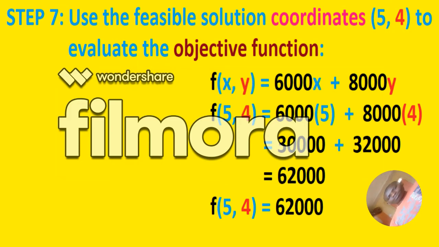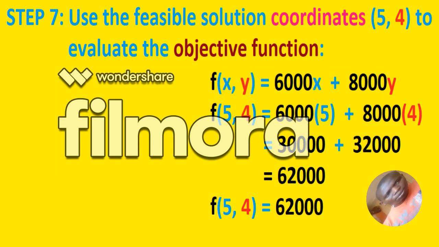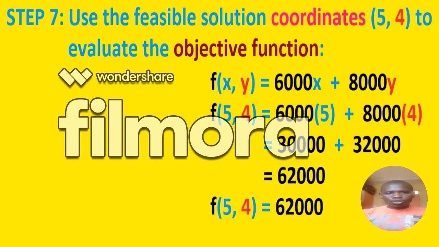Now use the feasible solution coordinates (5, 4) to evaluate the objective function. That is step 7. Remember, our objective function was f(x, y) equals 6000x plus 8000y. That was our objective function. Now substitute x, y by 5, 4, because (5, 4) is the feasible point of solution.